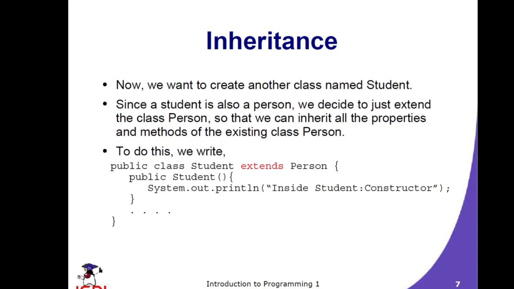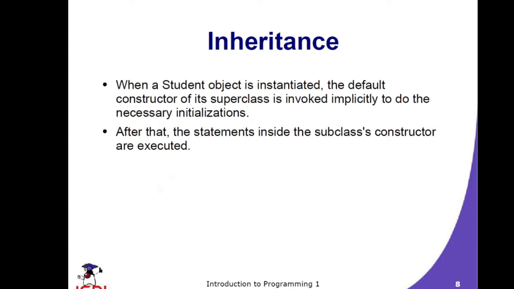How do we write it? Public class Student extends Person. Public Student is the constructor, so we can easily identify that we are inside the Student constructor. When a Student object is instantiated, the default constructor of each superclass is invoked implicitly to do the necessary initializations, then the statements inside the subclass constructor are also executed.